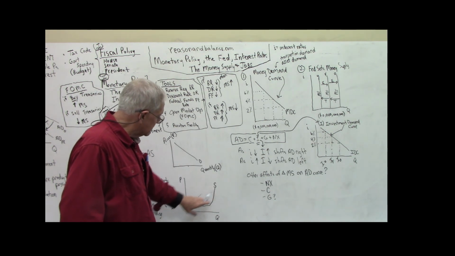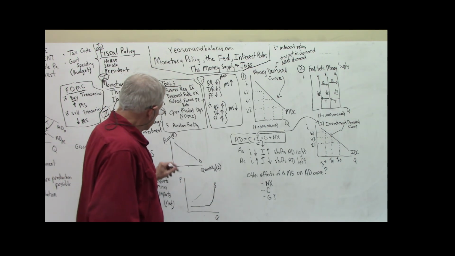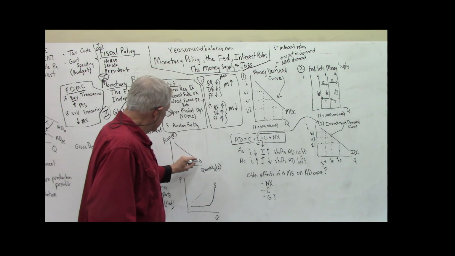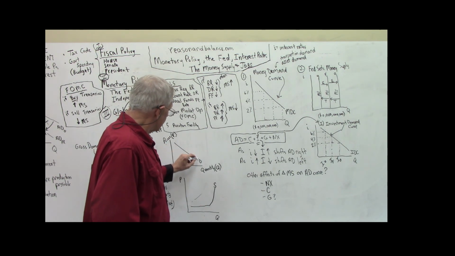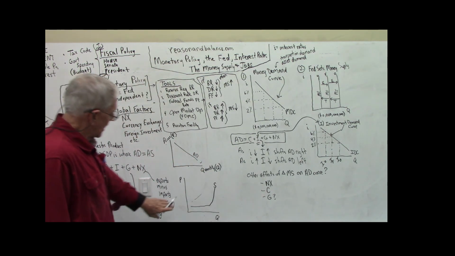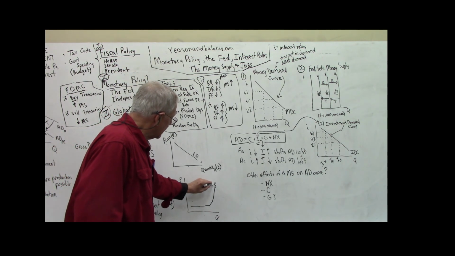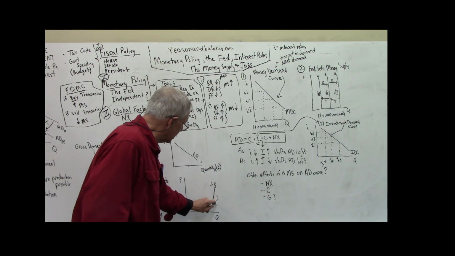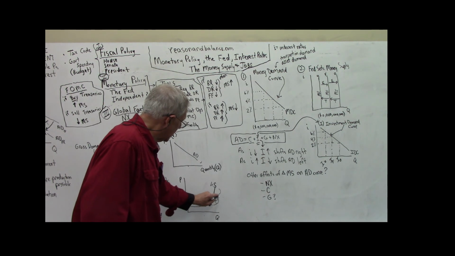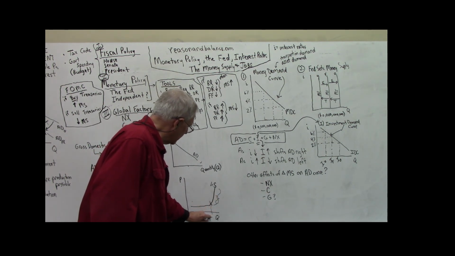I've got it drawn slightly different here for another purpose that I'm going to get to in a minute. But basically, this is a demand curve for any demand. You can make this the aggregate demand curve if you want. Okay, so that's the aggregate demand curve. And this supply curve right here is eventually going to be the aggregate supply curve. And we'll notice this little elbow right here that starts right about here. And that just happens to be, and we'll get to it in a moment, at full employment.